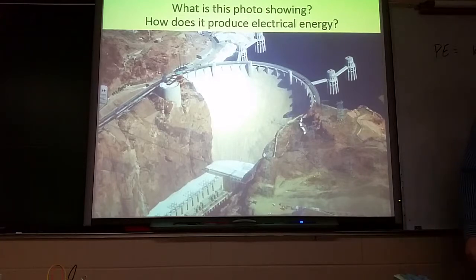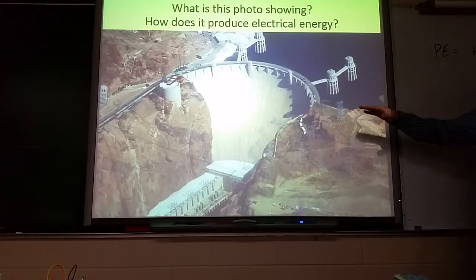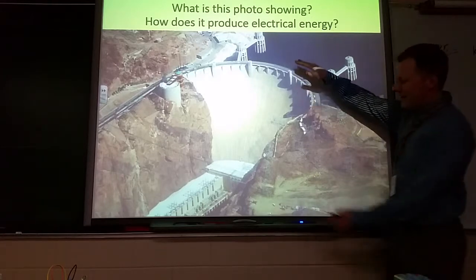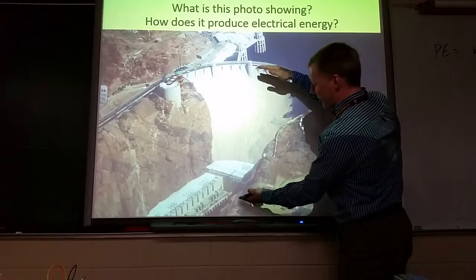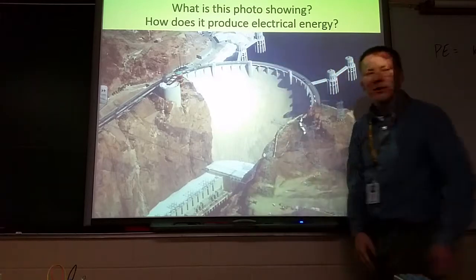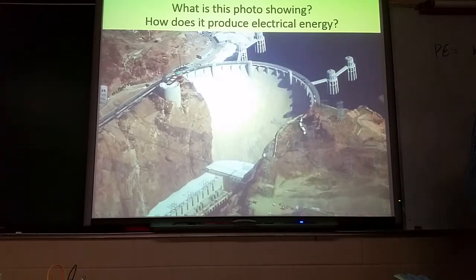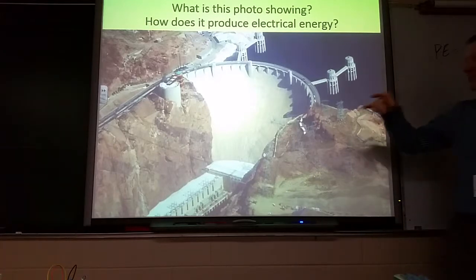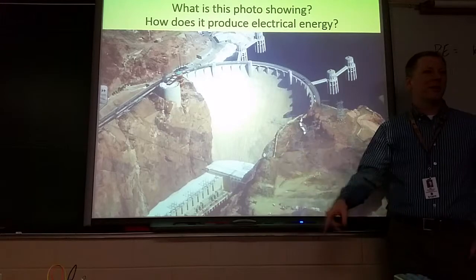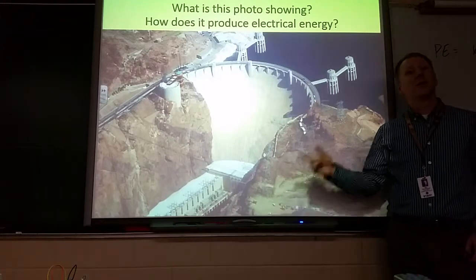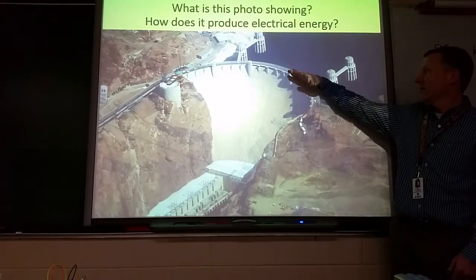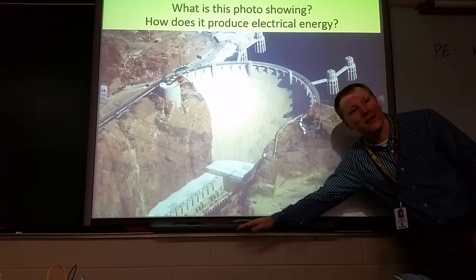The key here is potential energy. Because if you stop the flow of this water and fill it up, it is, and I've got the number, I can't remember it, 230 or something meters higher than it would have been without that. That's a lot of potential energy that it builds up. And we're going to convert that potential energy the water has into electrical energy as it goes from this level down to that level.